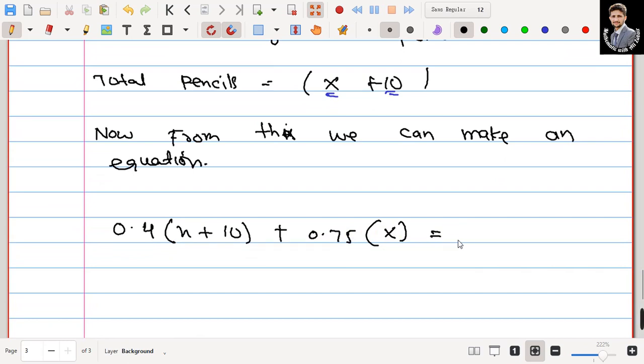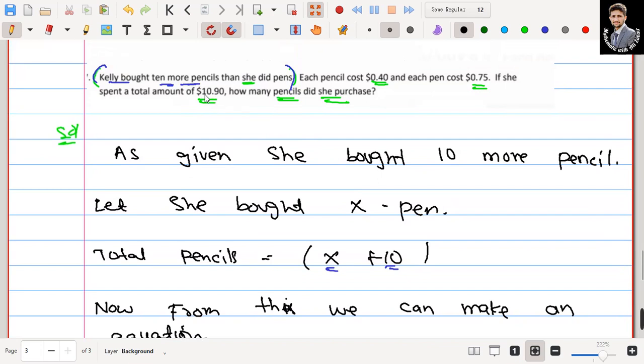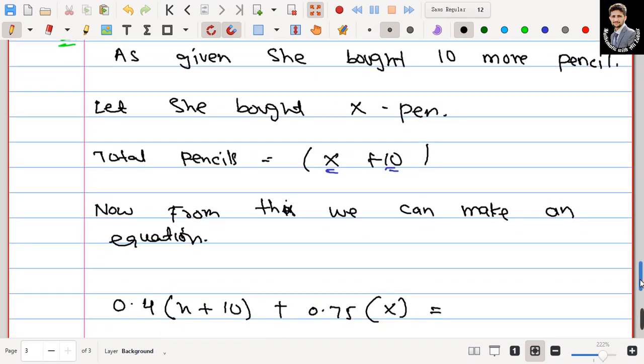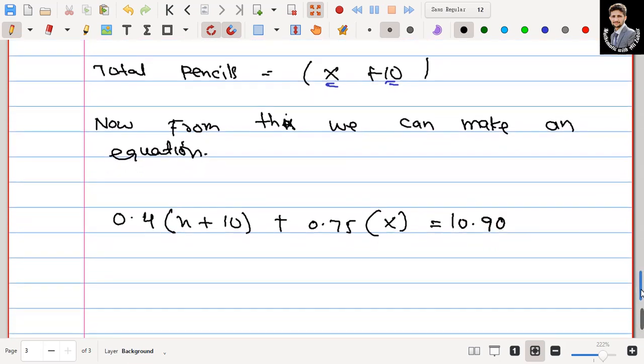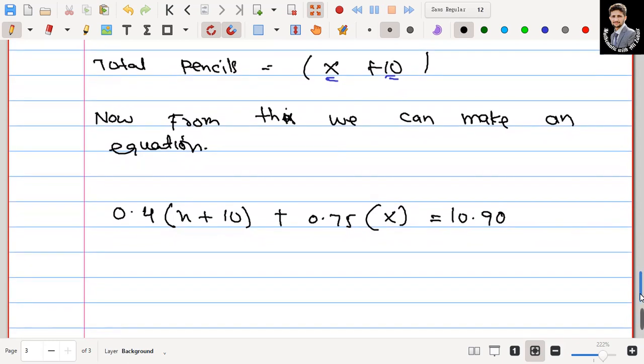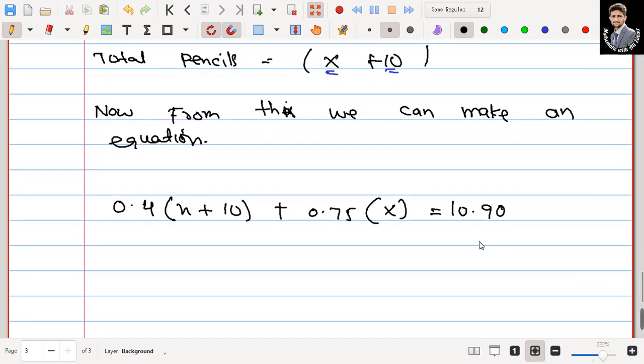So this is equal to the total amount spent on these goods. The total amount spent on these goods is $10.90. Okay, this is the equation, and from this equation we will solve for x, and x is my pens. You have to simply multiply this 0.4 with x and 0.4 with 10, and 0.75 with x.